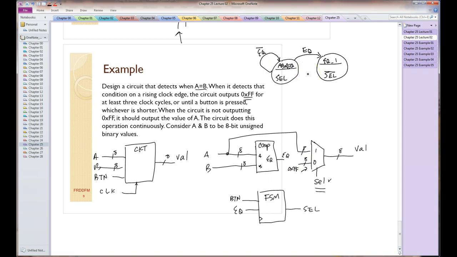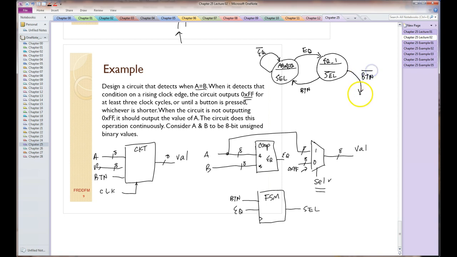So I'm in this state. I have to stay here at least 3 clock cycles or until a button is pressed. So here we go. If there's a button press, I'm back to the normal processing. Otherwise, I am going to go over to this next state.